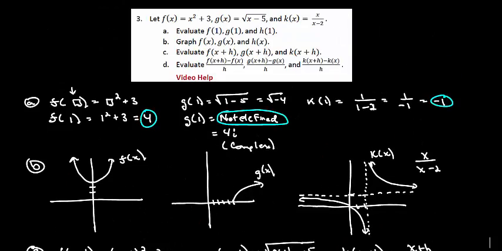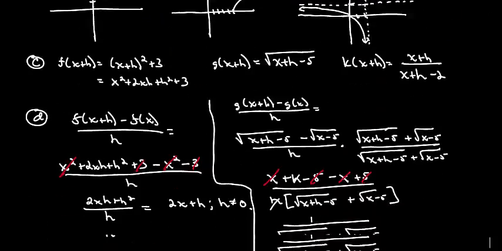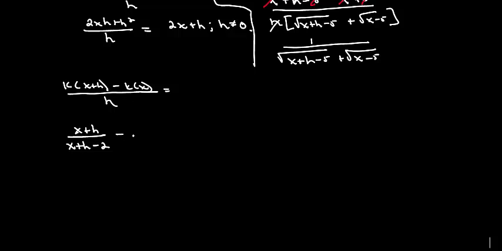Let me just go back up and make sure that, yep. So then we have to subtract off x over x minus 2. That whole thing is divided by h. So up top here, let's go ahead and get a common denominator. So I'm going to multiply top and bottom of this by x minus 2, and top and bottom of this by x plus h minus 2.